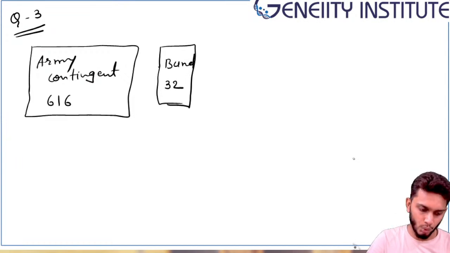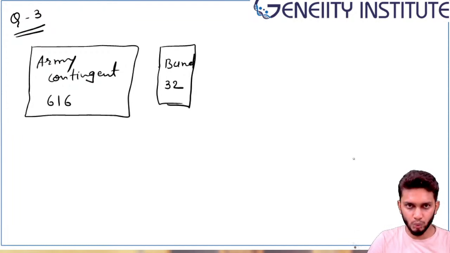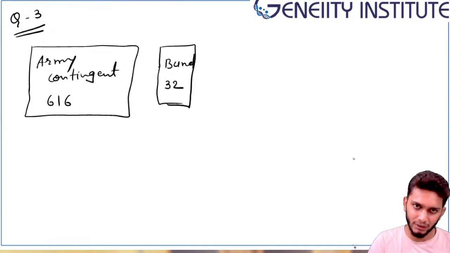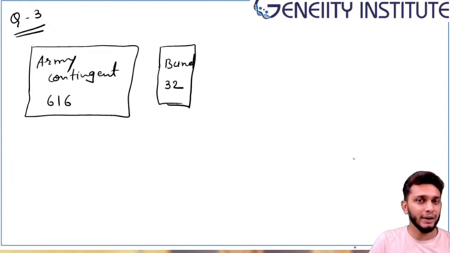In a parade, there are two parts. At the start the army band is there, and behind that army band there is the army contingent. The army band has 32 members and the army contingent has a total of 616 members.